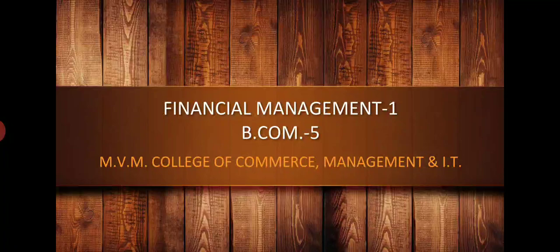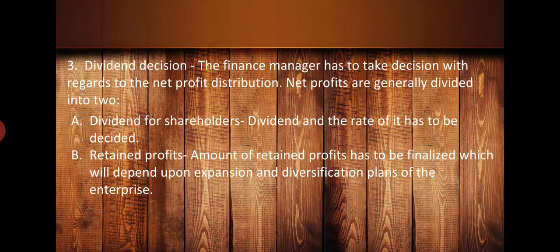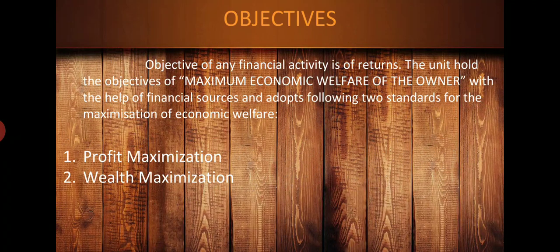In the last week, we have seen the scope or elements of financial management, and then the objectives of financial management. As we discussed in our last session, an organization deals with basically two main objectives. The first is profit maximization, and the other is wealth maximization.